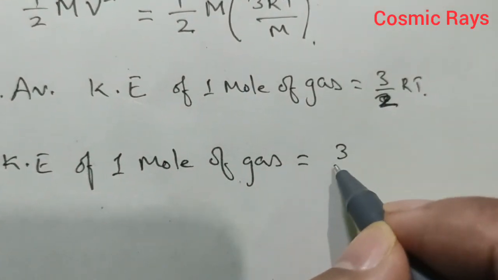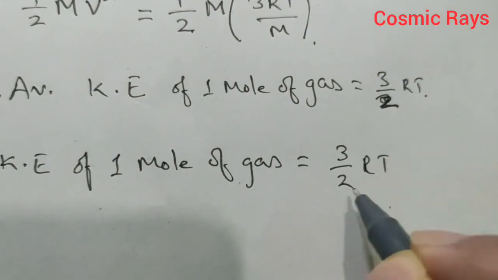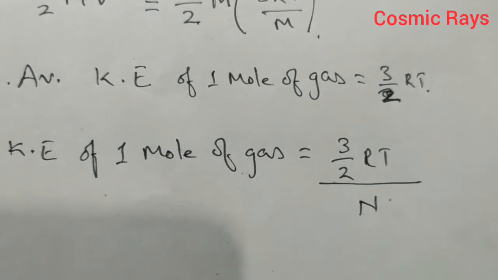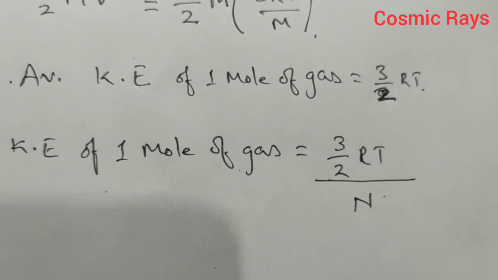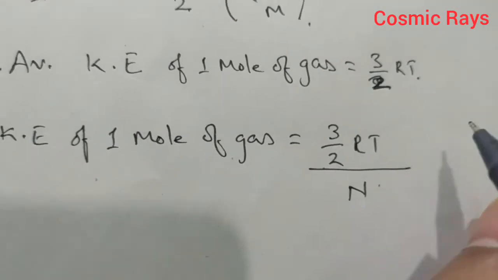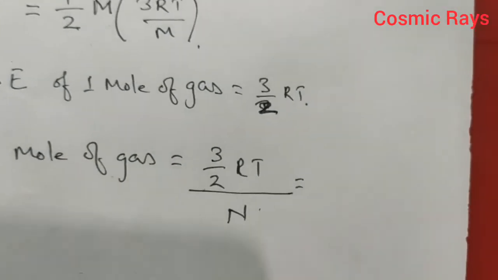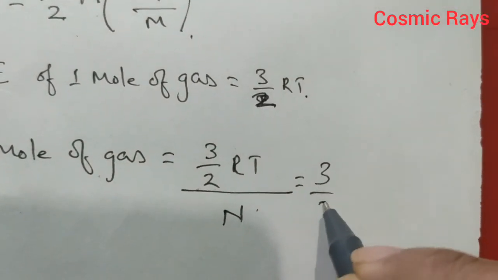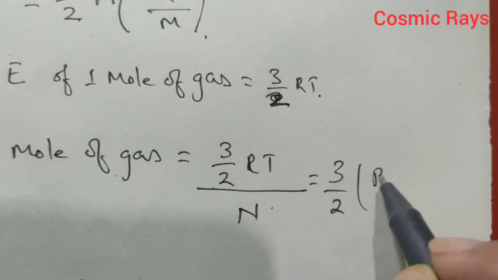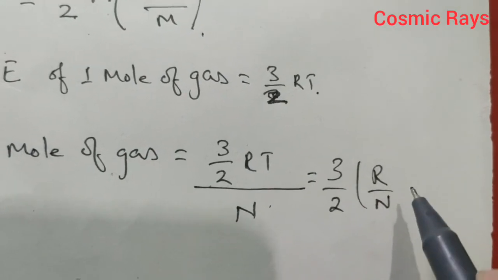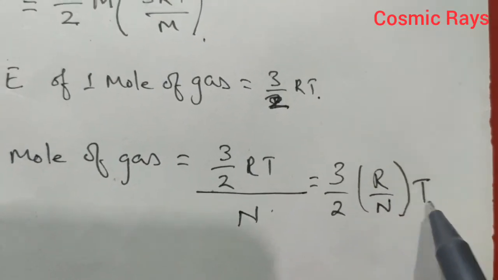So we have 3 by 2 RT divided by N, that is Avogadro's number. We rearrange the terms and write 3 by 2, R by N into T.